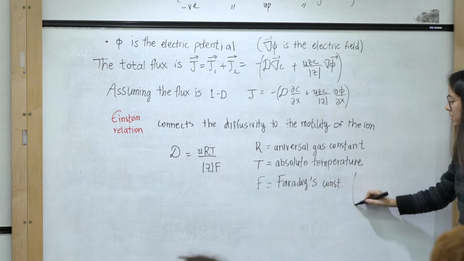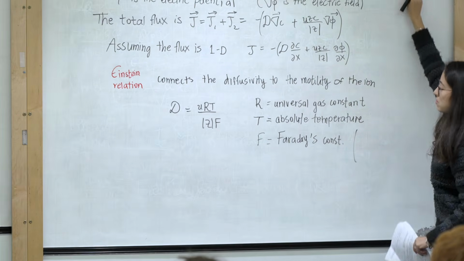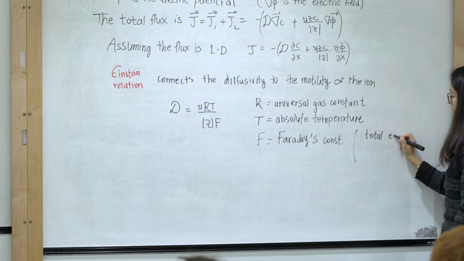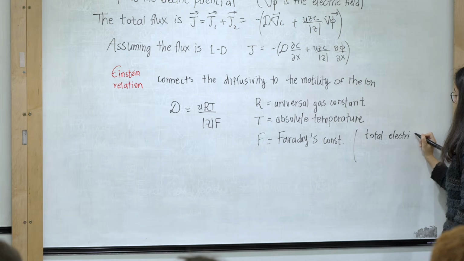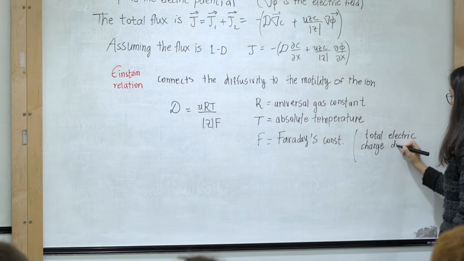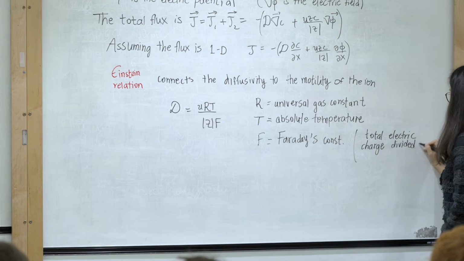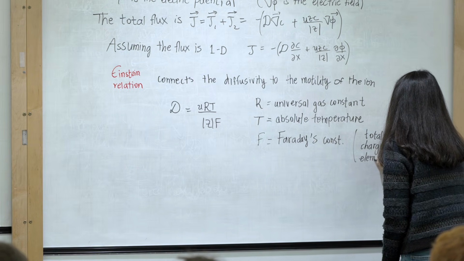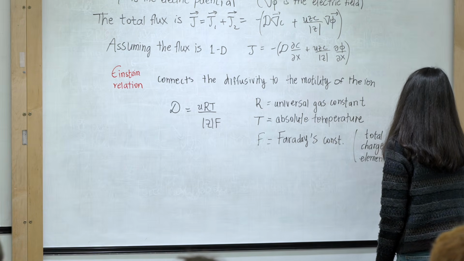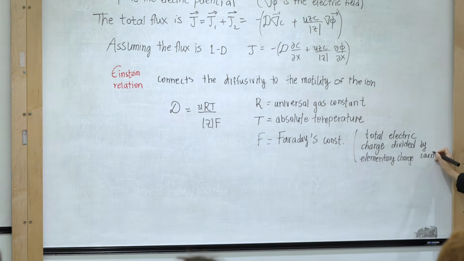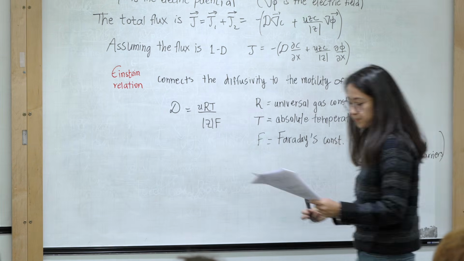So basically, if you don't know what this is, I have written down the definition for you. This is going to be the total electric charge divided by the number of elementary charge carriers. So when you want to compute the flux for a specific ion, you will know what these things are.